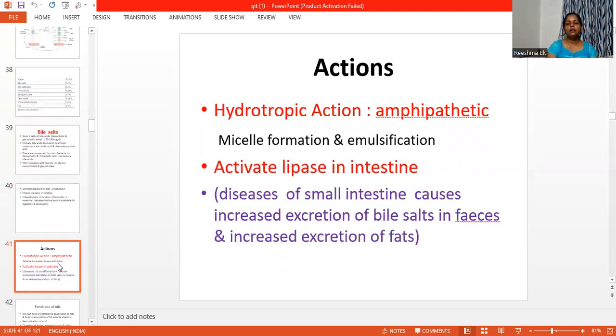Then the action of bile: hydrotropic action, that is, it is amphipathic in nature. Then micelle formation is another important function of bile. Emulsification of fat is also important. Then, with active lipase in the intestine, diseases of the small intestine cause increased excretion of bile salts in feces and increased excretion of fat.